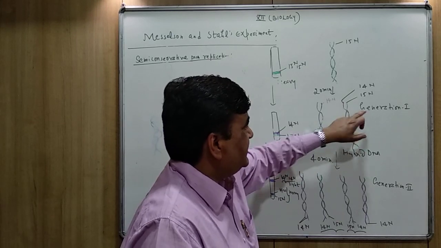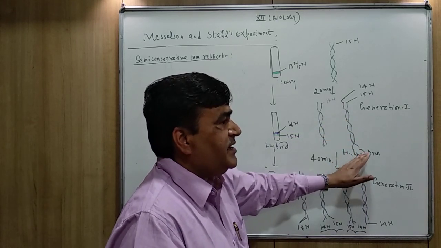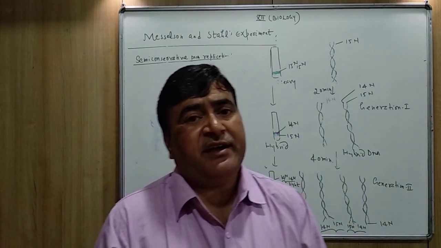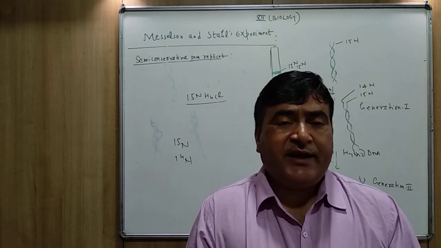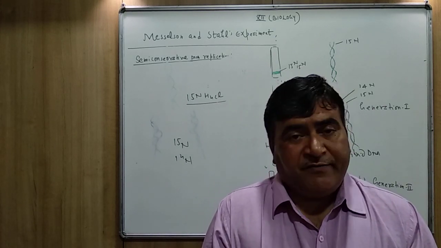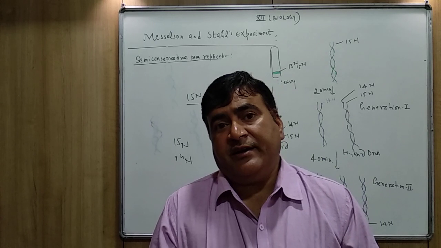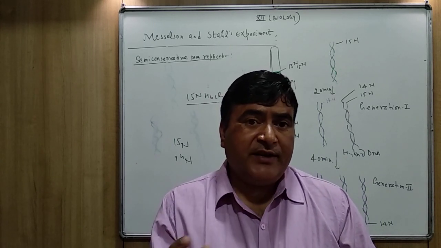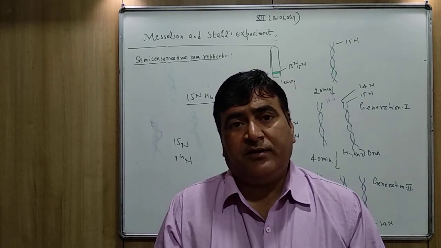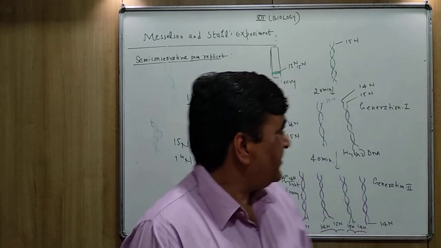Overall, in the first generation, he obtained hybrid DNA. Hybrid means 50% DNA that had the 15N nitrogen and 50% that had the 14N isotope of the nitrogen.